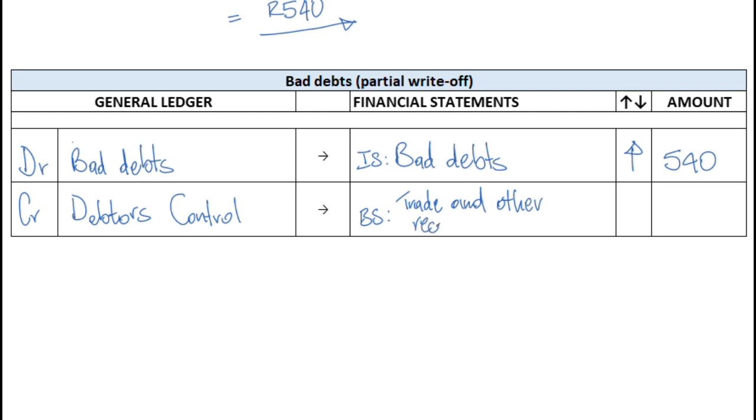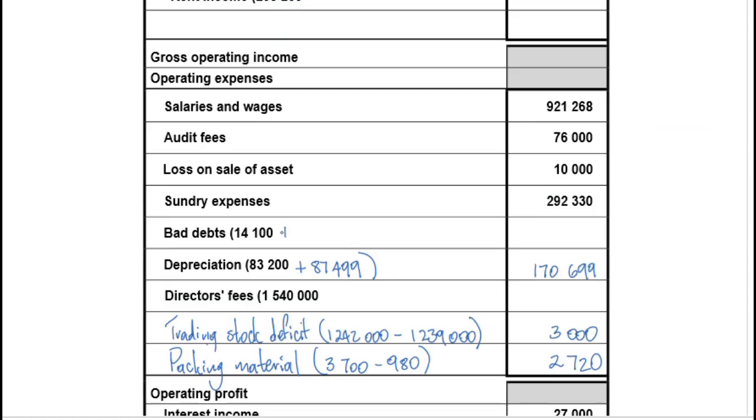So we will decrease trade and other receivables by an amount of 540 rands. So in our answer book, we are going to add 540 rands to the bad debts line item in the statement of comprehensive income.